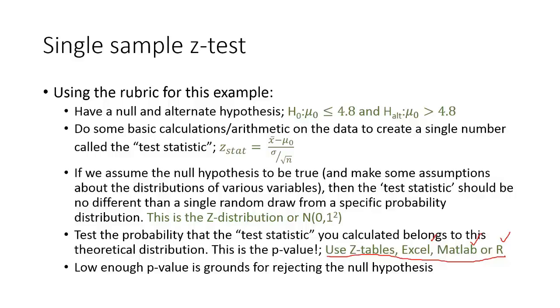The core idea is that all of these help you calculate a p-value, or a probability. And if you get a low enough p-value, you can use that as grounds for rejecting the null hypothesis, and saying I reject the hypothesis that mu naught is less than or equal to 4.8.